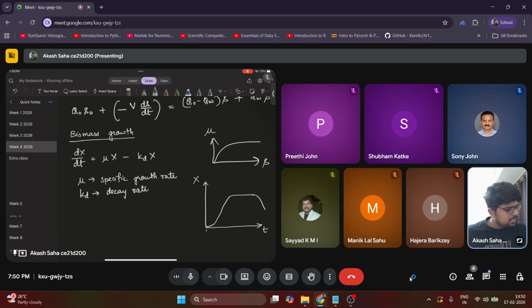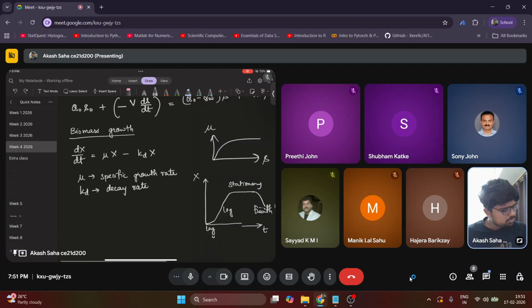So first is the lag phase, then the log phase, then the stationary phase, and then the death or decay phase. There will be some decay of biomass also, so that's why we put in this decay constant into x. I hope this is clear. That's how we denote the biomass growth, that is mu x minus kd x.